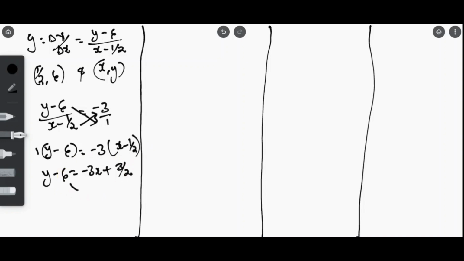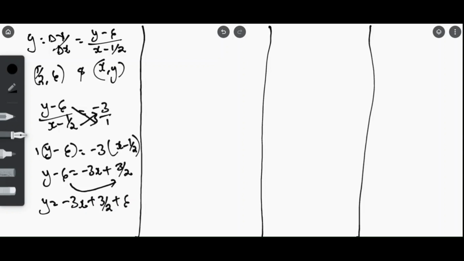I take this one to the other side and it will turn to be positive. So my y in this case will be, if I open that bracket, negative 3x plus 3 all over 2.